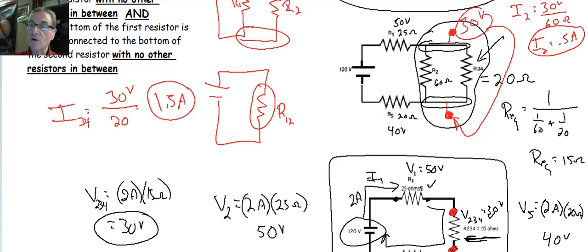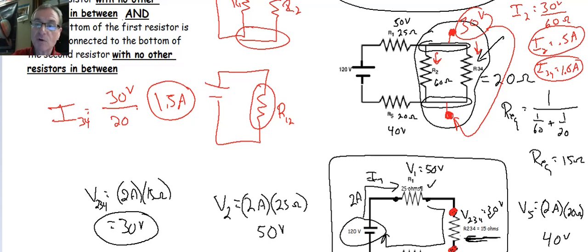Okay, so I34 equals 1.5 amps. Now, notice that the 1.5 amps going through this part of the circuit here, added to the 0.5 amps going through that part of the circuit, what does that add up to? It adds up to 2 amps, which is the total current of our circuit.